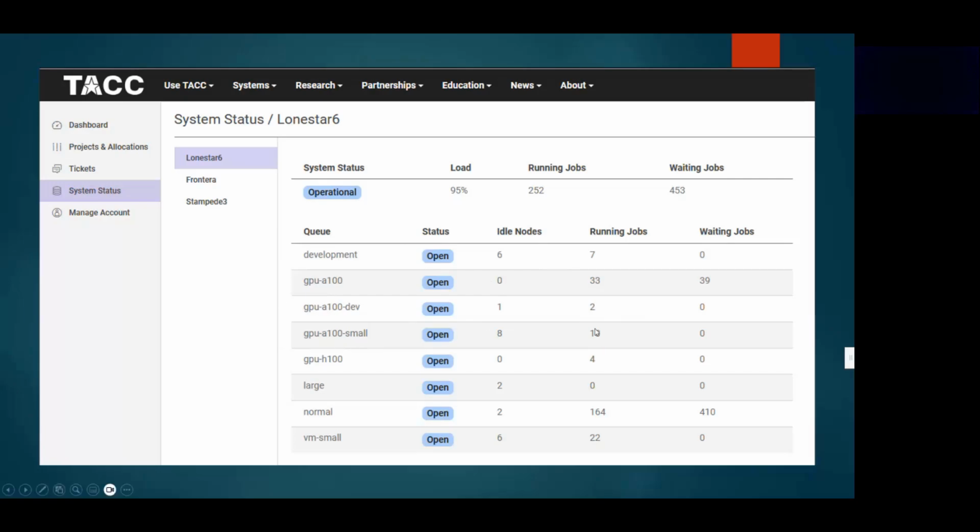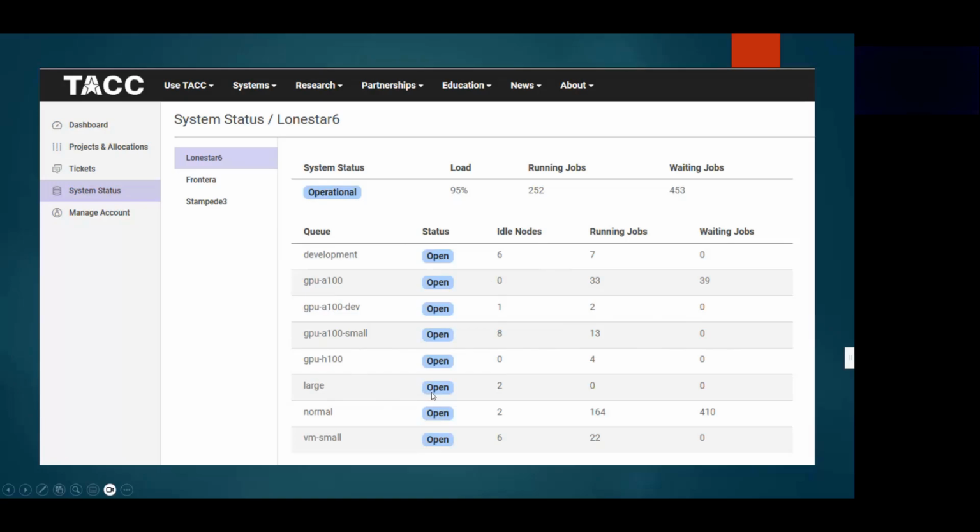Idle 8 available, so you do not need to wait. This is H100. This one is really powerful. Since it only has 4 nodes, most likely you need to wait in line. Although here says 4 jobs running, probably they have a big job that is going to take over.